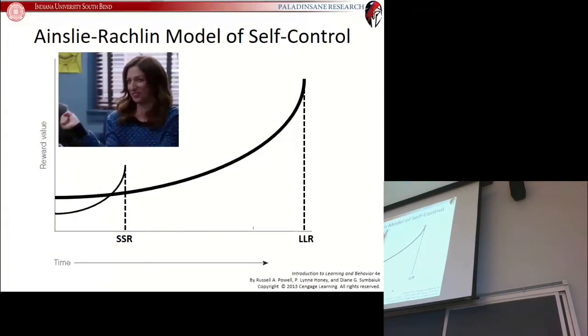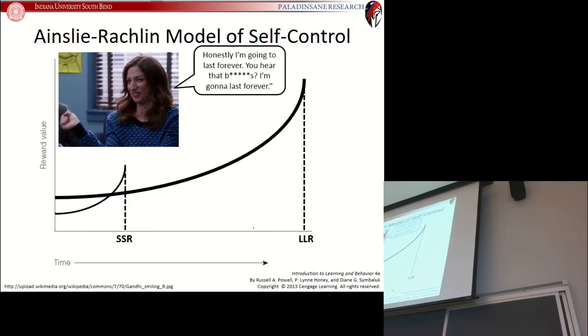So when you take a look at that Ainslie-Rachlin model of self-control, this larger later reward is sticking to the diet. This is getting healthy, removing all the impurities out of your body. This smaller sooner reward is the hoagie that she was eating with the Cheetos and the chili. When she said that she was going to last forever, that this diet wasn't going to beat her, she was putting her say-do correspondence on the line.